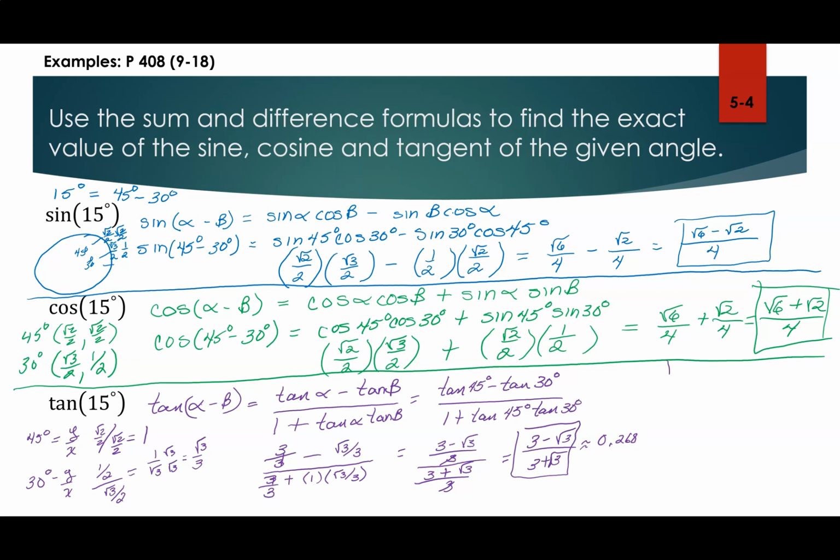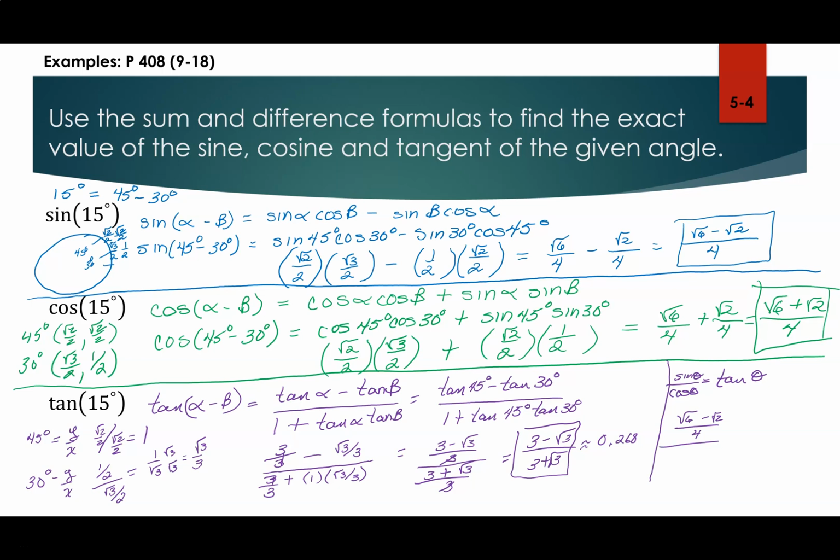Now, I want to show you another option because that was really complicated. When you have sine and cosine in your problem, remember that tangent is sine of theta over cosine of theta. So I can use this same relationship to find an easier way to find tangent because I already found sine, which was root 6 minus root 2 over 4.